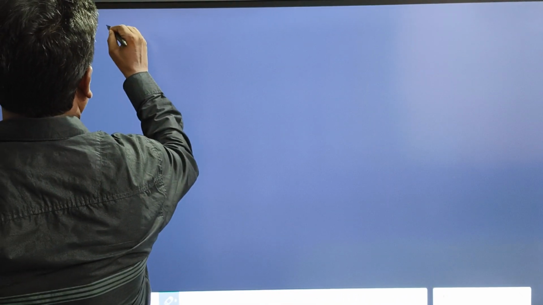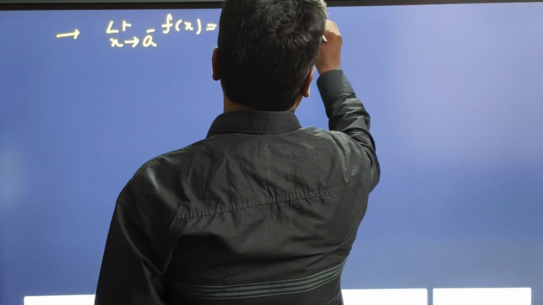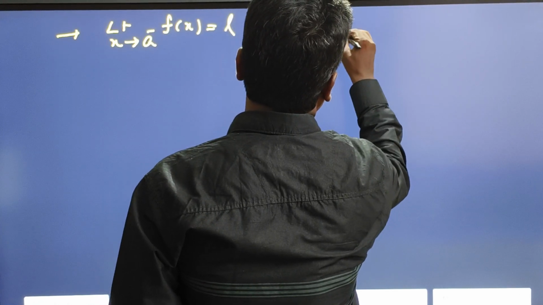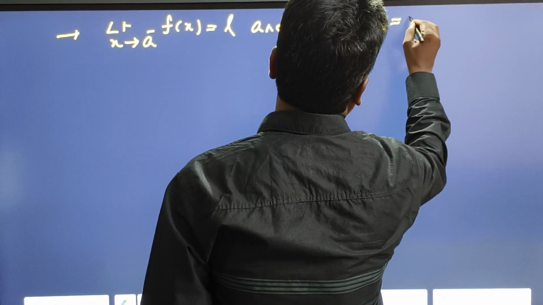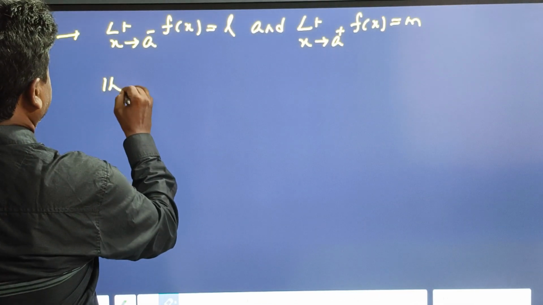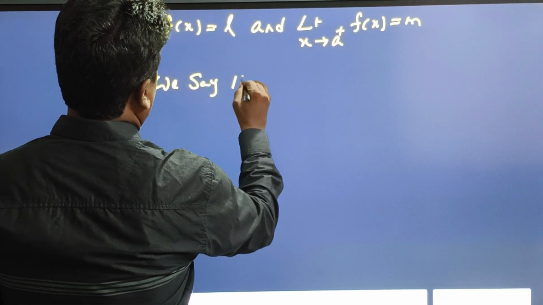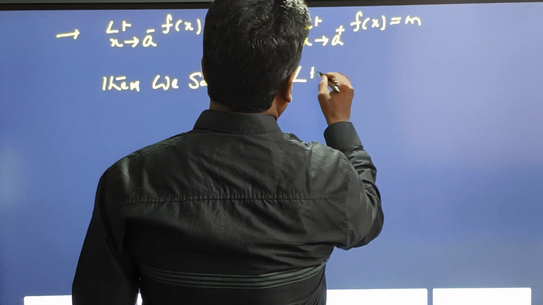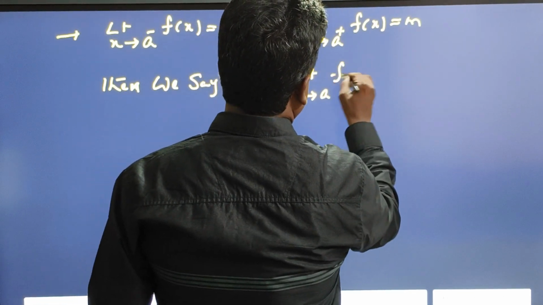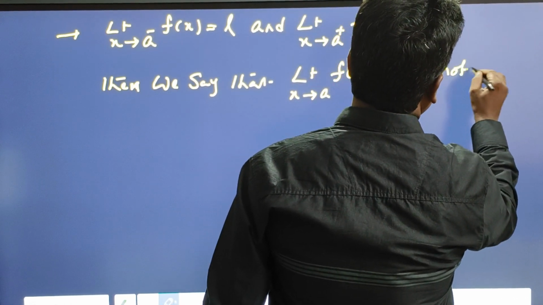Sometimes we can also observe limit x tends to a minus of f of x is equal to L and limit x tends to a plus of f of x is equal to M. In this situation, we say that limit x tends to a of f of x does not exist.